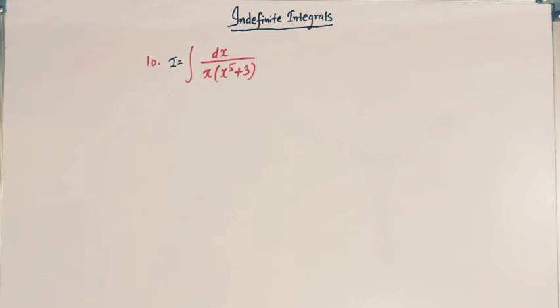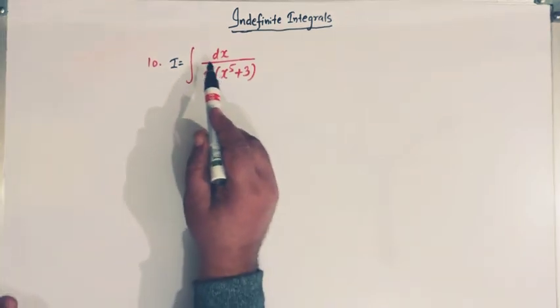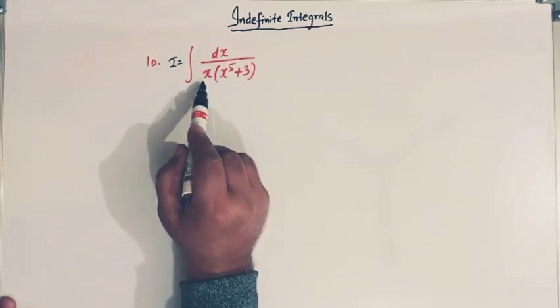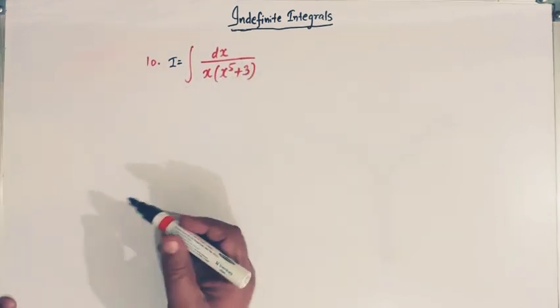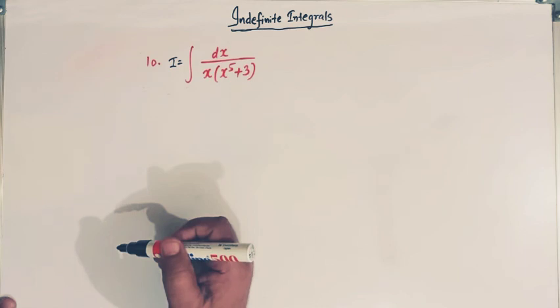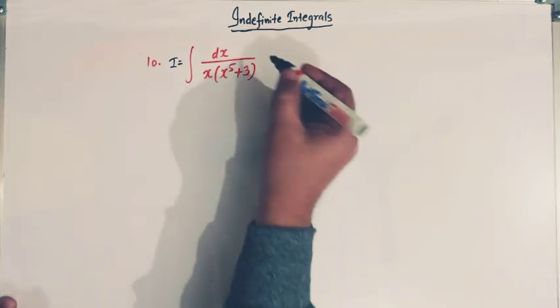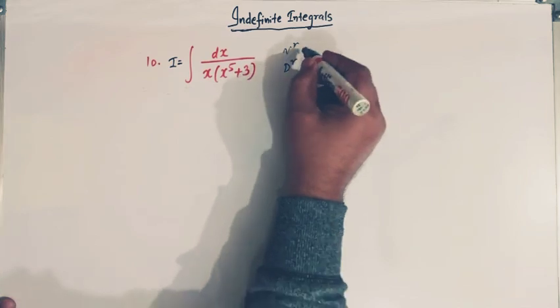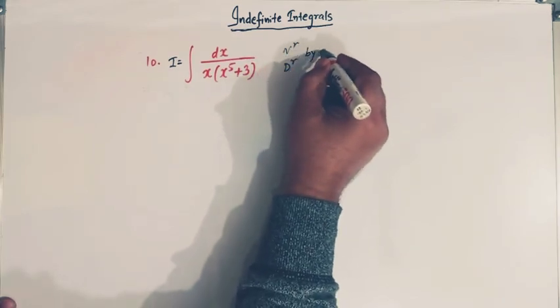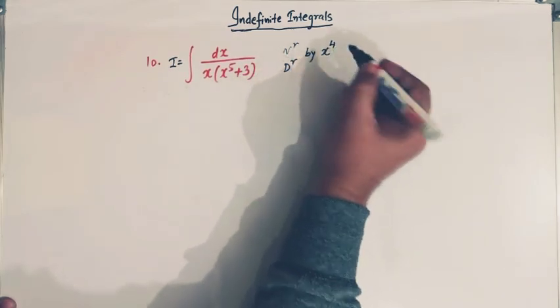Let us take this problem. So here we have to integrate 1 over x raised to 5 plus 3. So now to integrate this function, let us multiply the numerator and the denominator by x raised to 4, right?